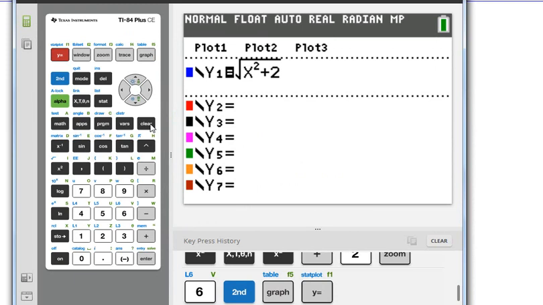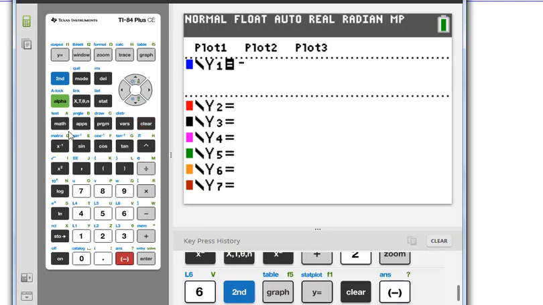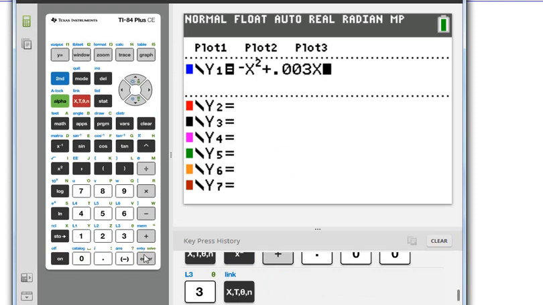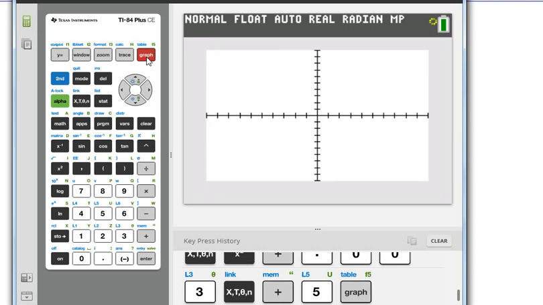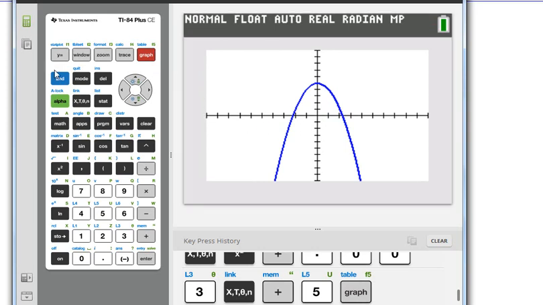We put in negative x squared plus 0.003x plus 5, and we graph this function here, and this graph has every appearance of having reflective symmetry about the y-axis. So just graphically, I would say, yeah, this looks like a function with even symmetry.